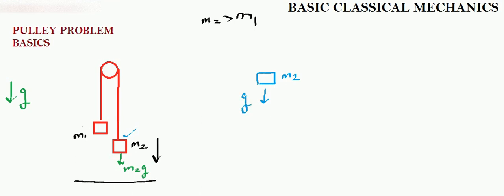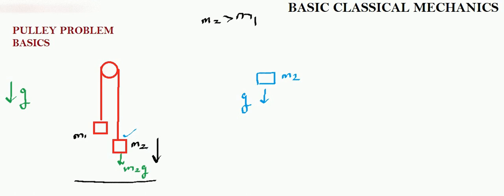But here, through this rope, there is an m1 mass attached with m2, and this m1 creates a problem. It does not allow m2 to fall with an acceleration g.